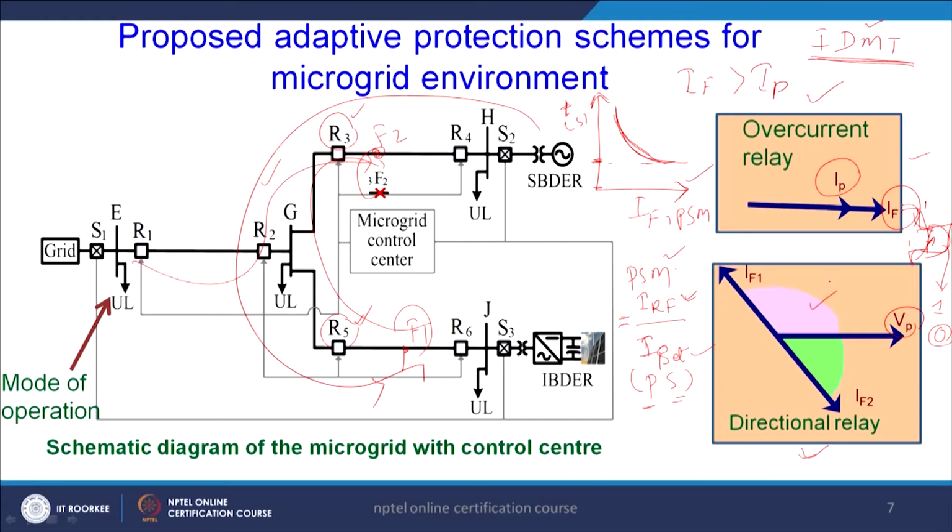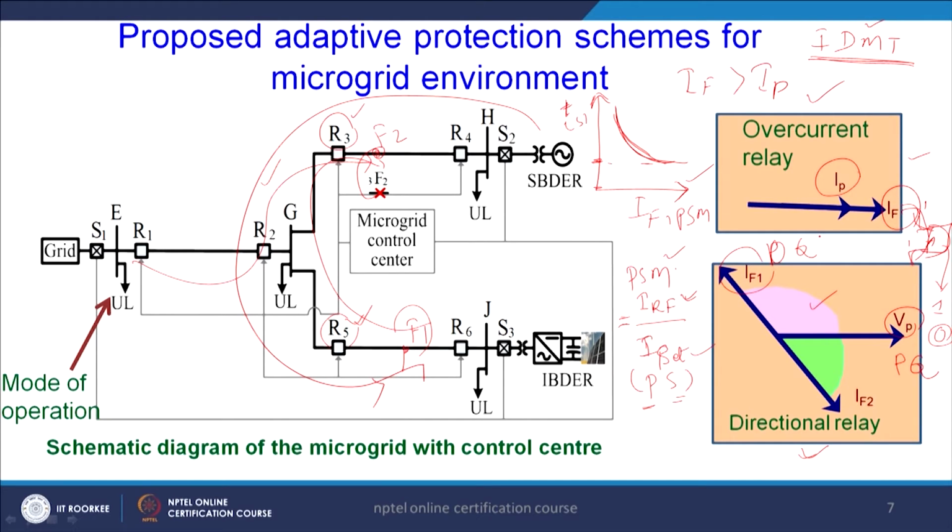That is why it is more preferable to take voltage as the polarizing quantity and current as the operating quantity. For the directional relay we need two quantities: one is the polarizing quantity, the other one is the actuating or operating quantity. It operates by taking the angle between the two quantities. This is my polarizing quantity PQ, and these currents, IF1 and IF2, in front of the relay and behind the relay, are the operating quantity OQ.